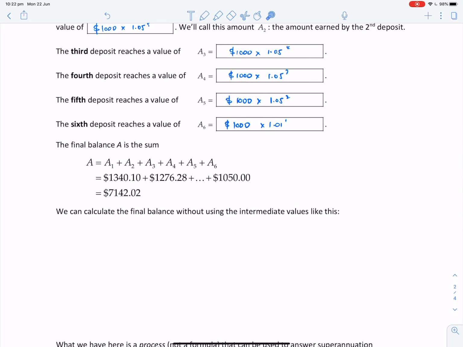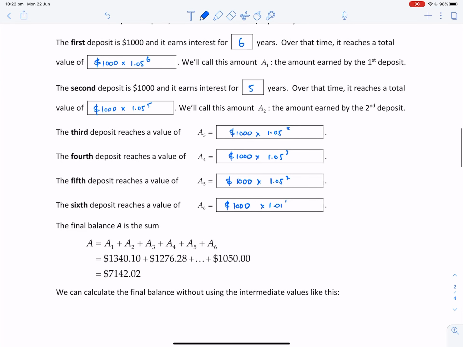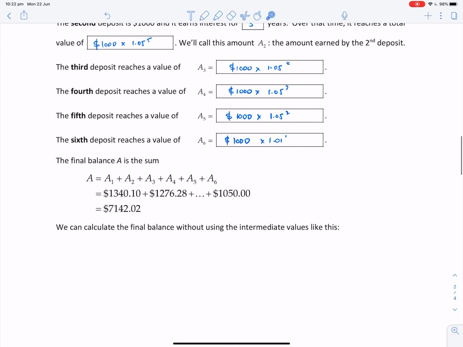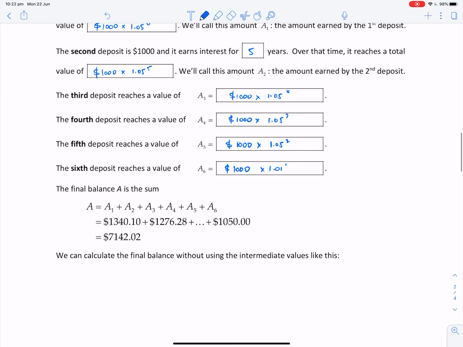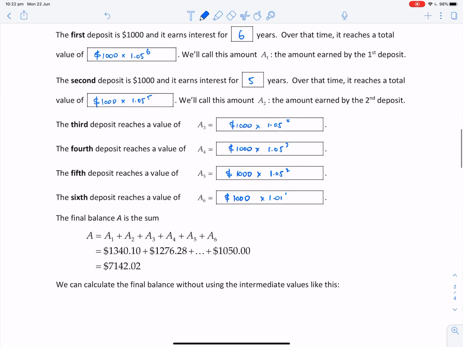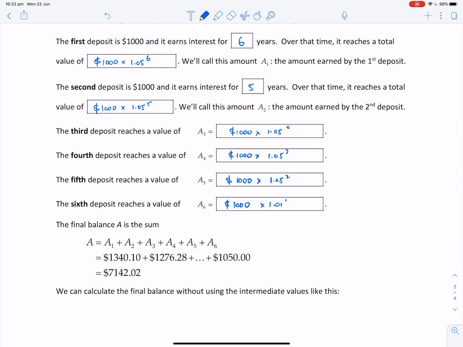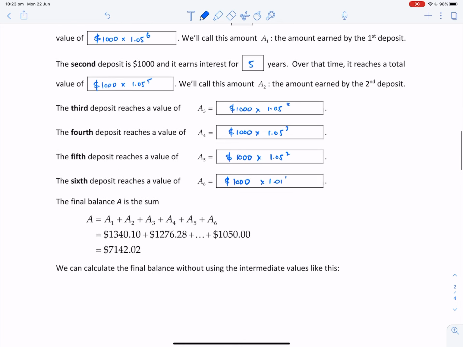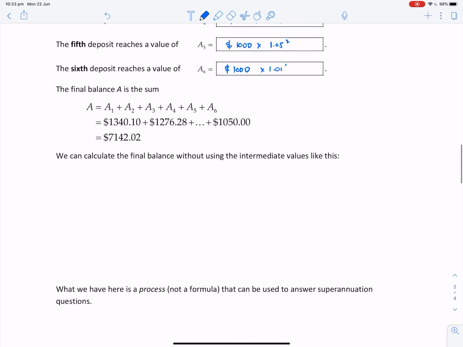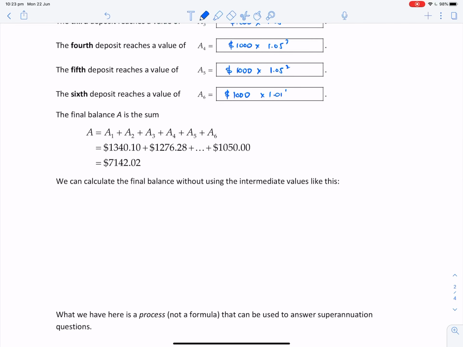So the final balance is this sum. Okay, now I haven't calculated each individual thing here. Not too interested in doing that. But I suppose as a classroom activity, introducing this, that's a good idea. All right, so we can calculate the final balance without using intermediate values as follows.